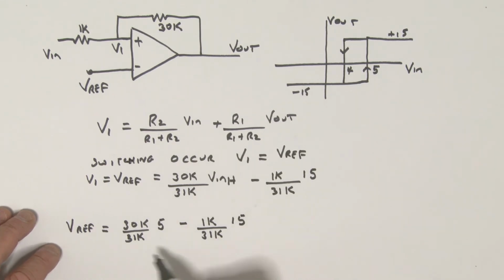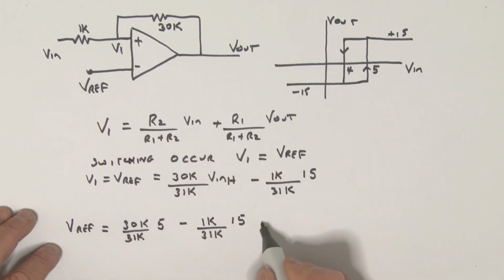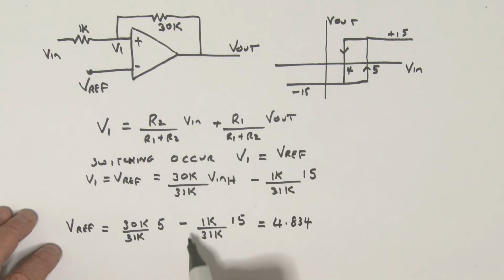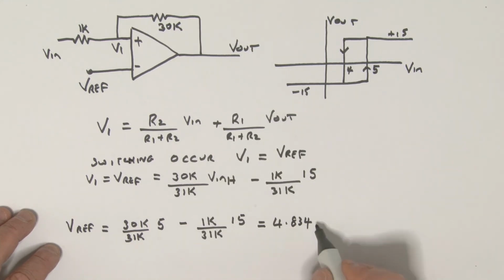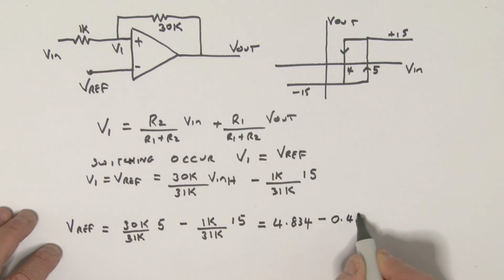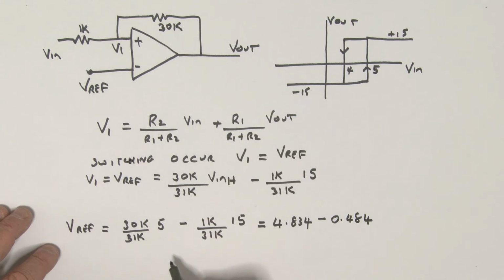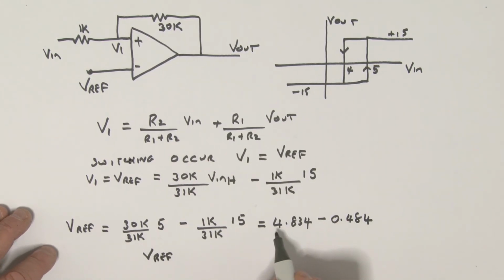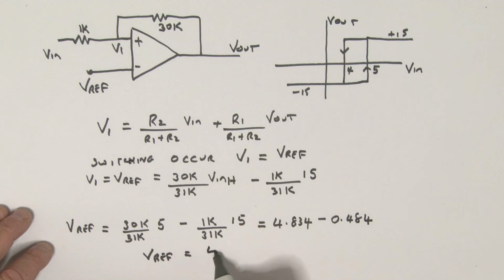If we evaluate these terms, and I'll let you do this, the first term comes out to about 4.834, with a little rounding, and the second term comes out to 0.484. So V reference is simply the subtraction of those two terms, which is 4.35 volts.